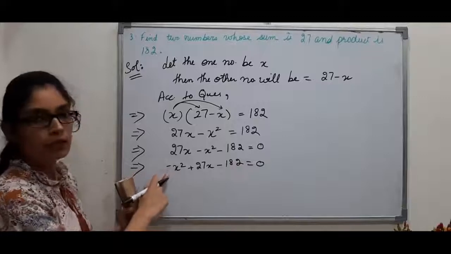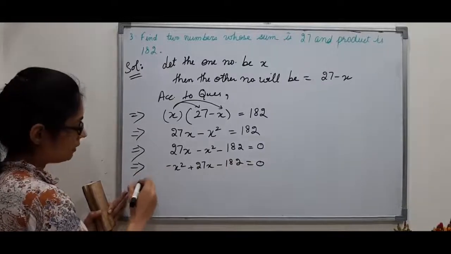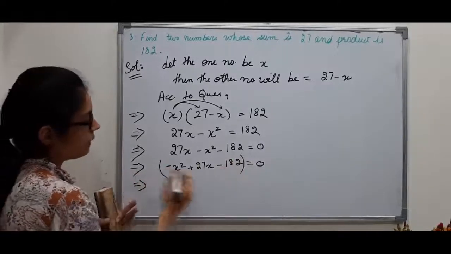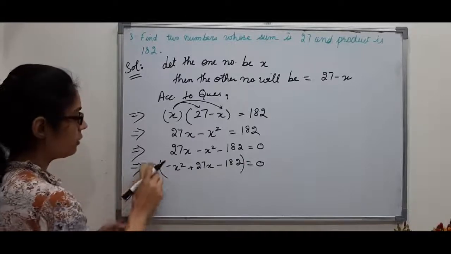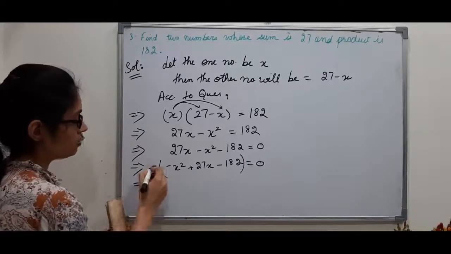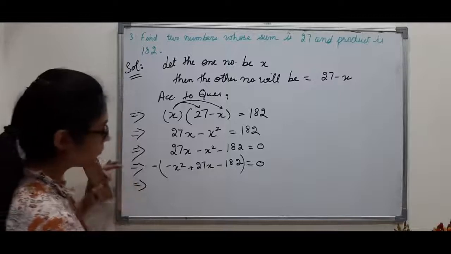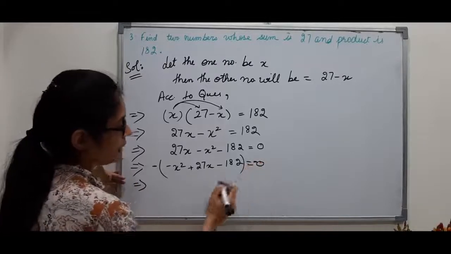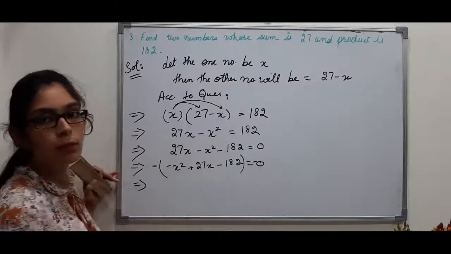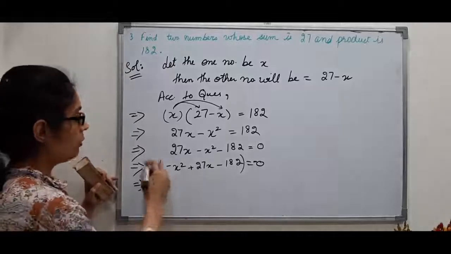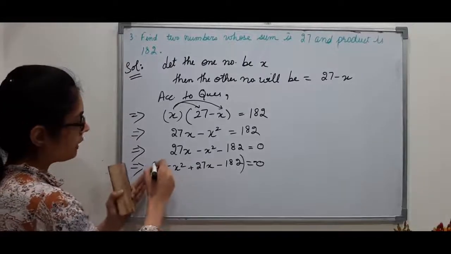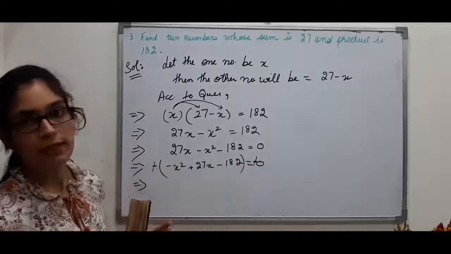Since I am getting this minus sign with my x square, I will just multiply this full equation with minus. So it will not make any difference. We can write it as multiplying both the sides with minus sign, because if we multiply both the sides, this minus sign will get cancelled.